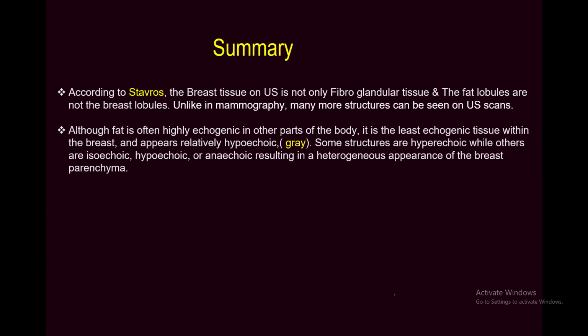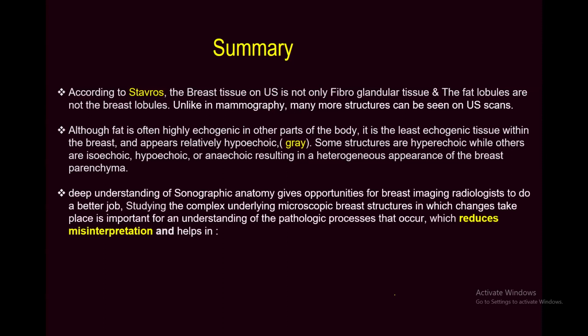These are oval gray structures seen within the fibroglandular tissue, giving it heterogeneity, alternating hyperechoic and intermediate or relatively hypoechoic. Okay? And this combination of structures gives the fibroglandular parenchyma its heterogeneous appearance.